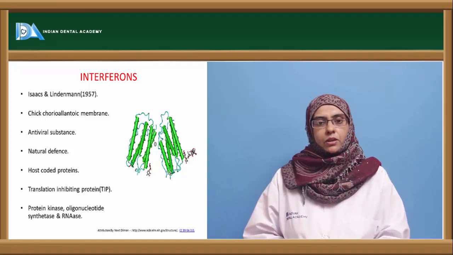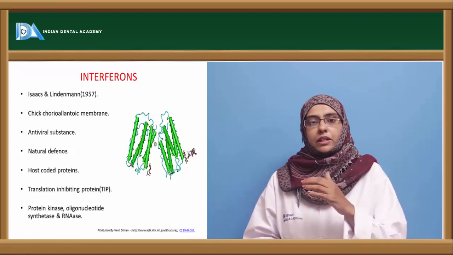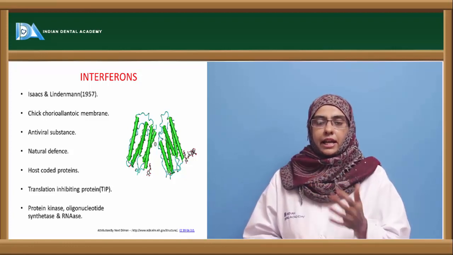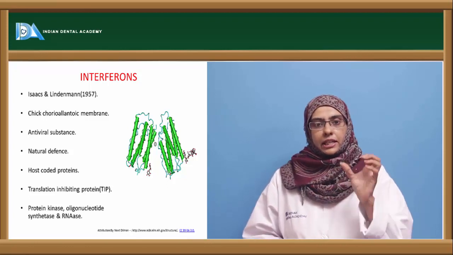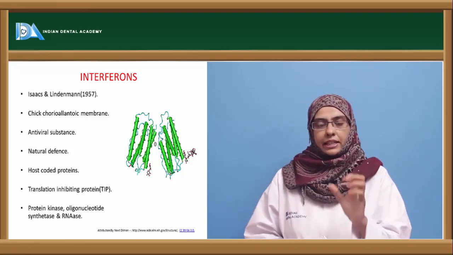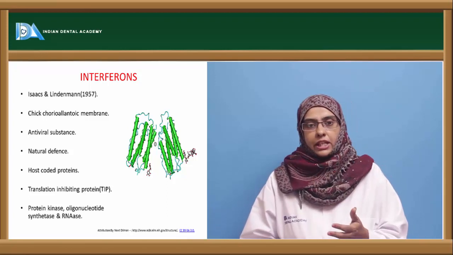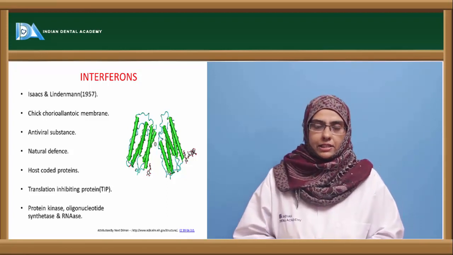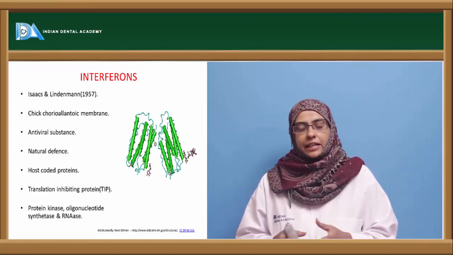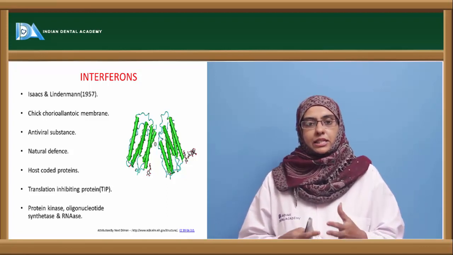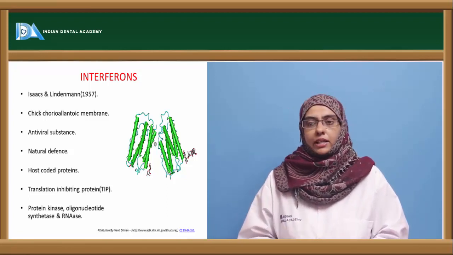When they challenged the chick chorioallantoic membrane with live or inactivated influenza virus, they could see that this membrane produced an antiviral substance against the influenza virus, and hence they called it an antiviral substance. So now we know that these antiviral substances are produced as a natural defense against viral infections.